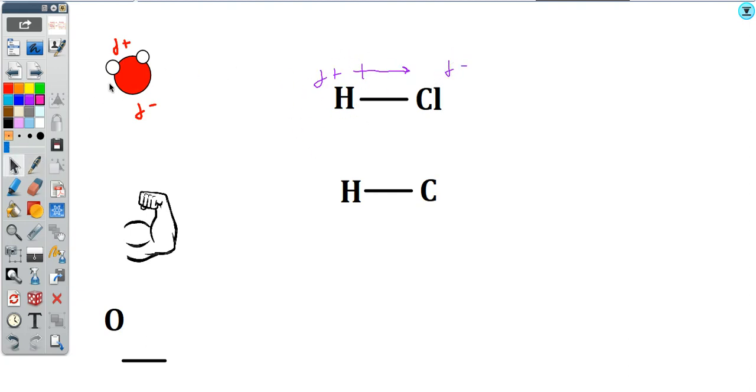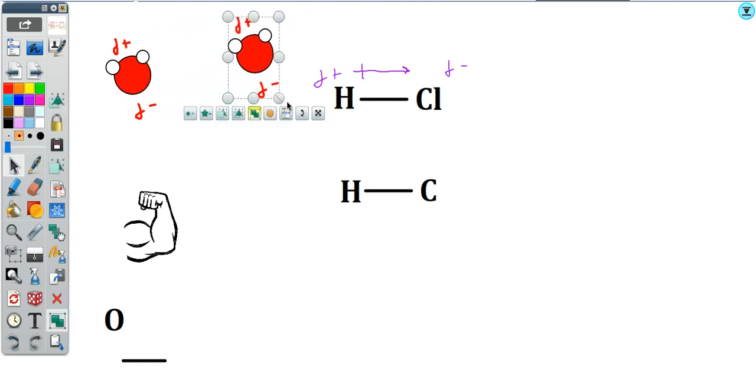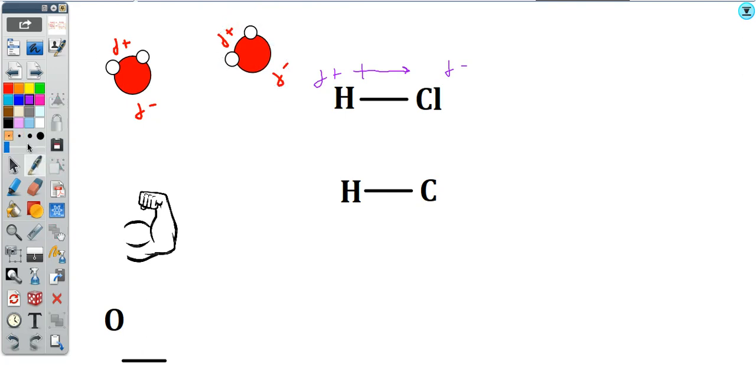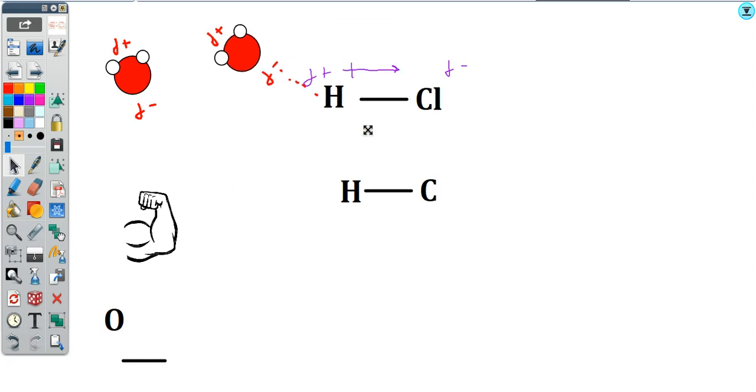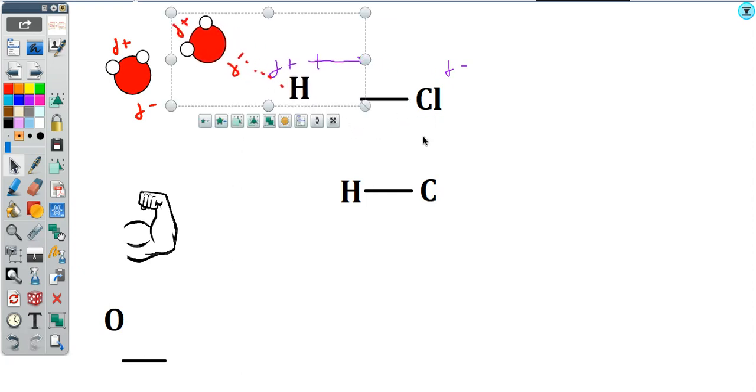So when you add it to water, there's going to be some attraction between that water molecule and the positive region, in this case on the hydrogen. And so it's able to grab that hydrogen and pull it away from the rest of the molecule. So it ionizes it.